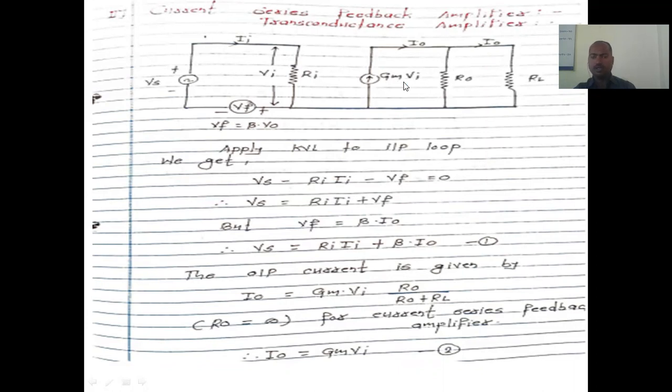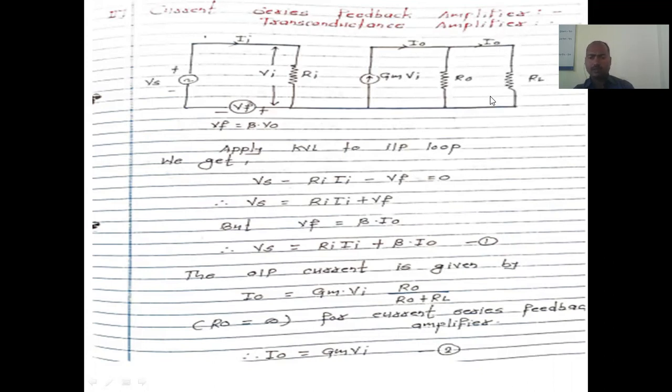So in that case, the current flowing through the output network is I0, and this flows through R0. Now I0 also flows through RL. This is again applied to the input, but in this case we are not applying any voltage, we are applying the current, because this is the current series feedback amplifier, right?